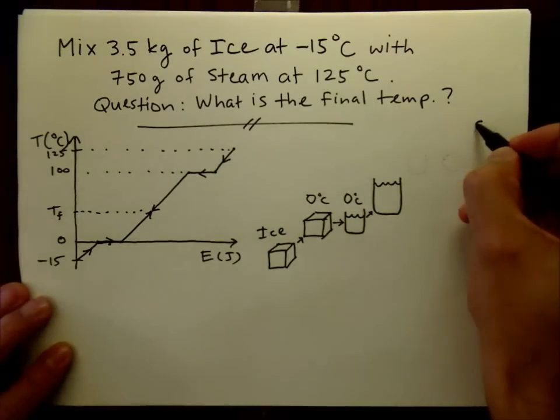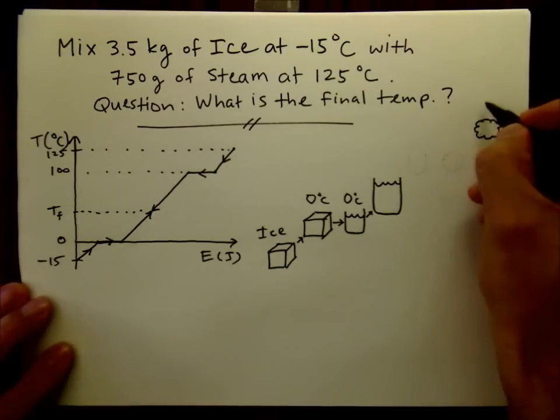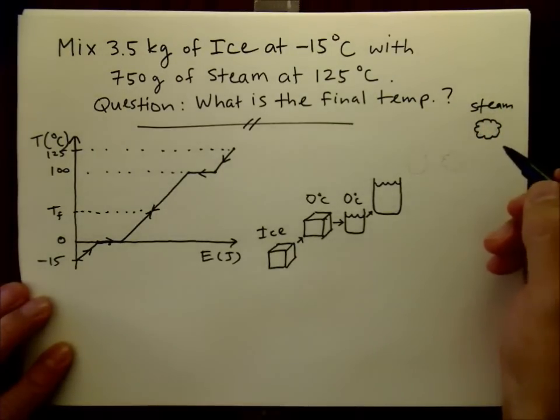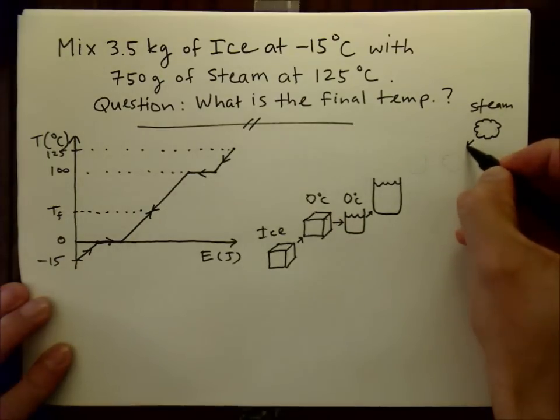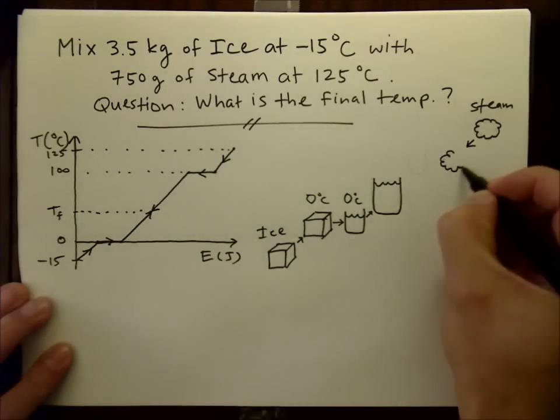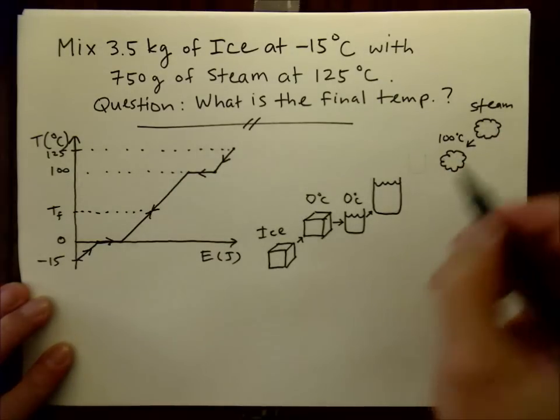Speaking of the steam, let's take a look at what happens to the steam over here. We have steam at 125 degrees Celsius. As it meets the ice, it will start to cool down and become steam at 100 degrees Celsius.